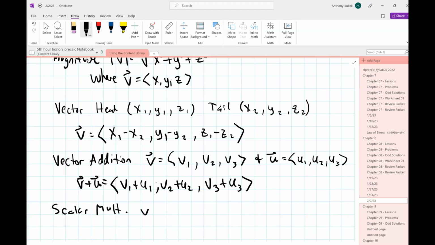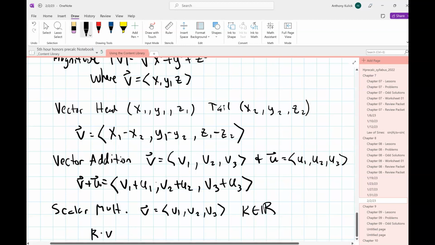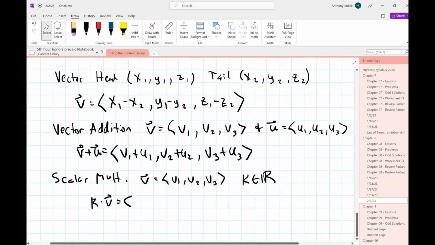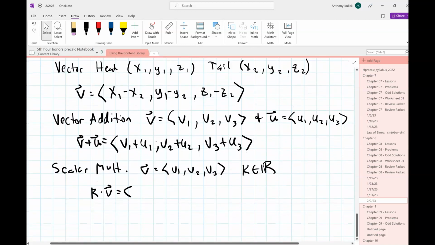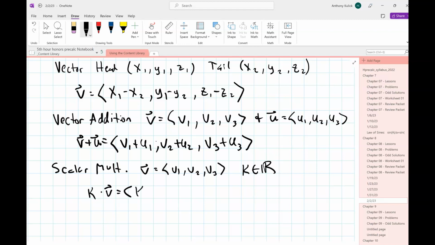How do you think scalar multiplication works? So I'm multiplying vector v by k, some real number k. How do you think that's going to work? Yeah, it just multiplies each component. You got it, dude. I love it.